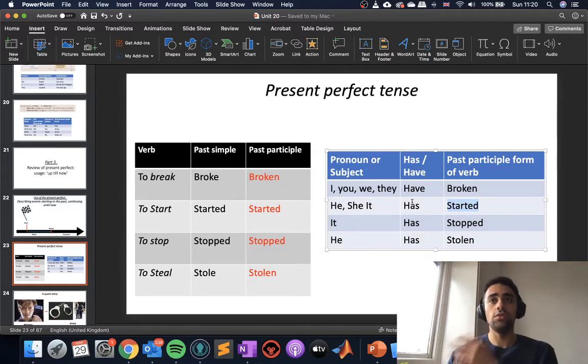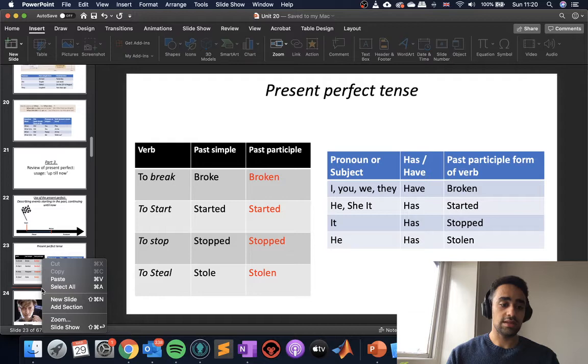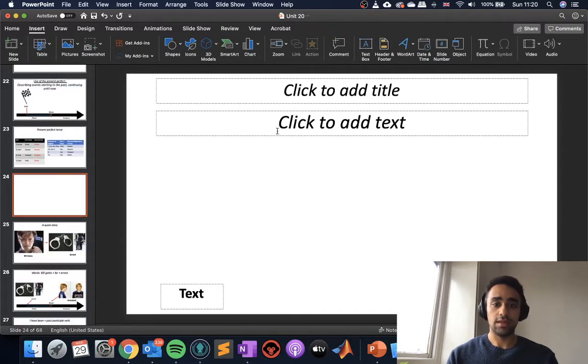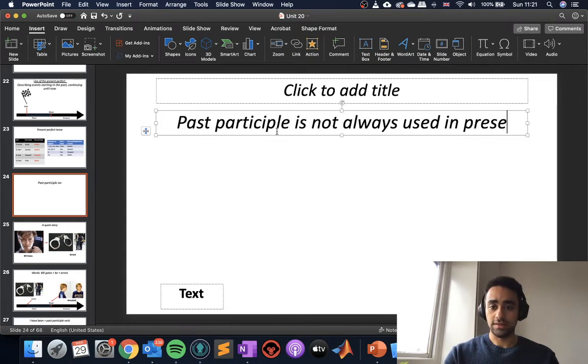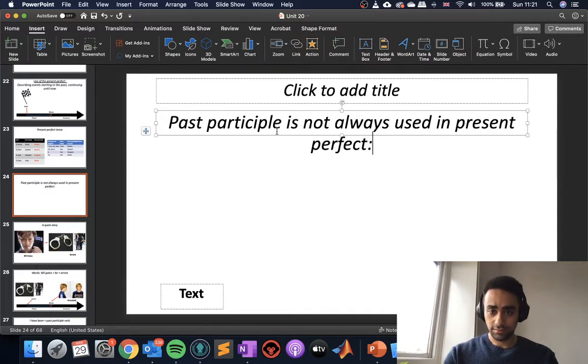We don't know who. So was is our main verb here in that sentence. So let me put it in a slide. Past participle is not always used in present perfect. So we have examples.